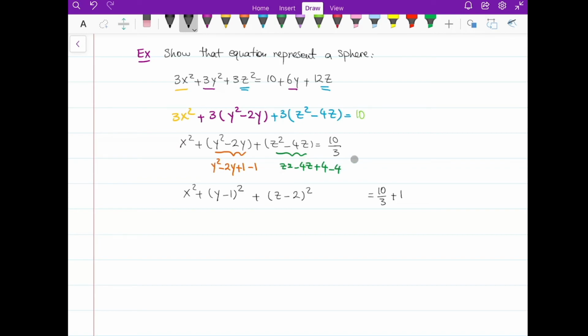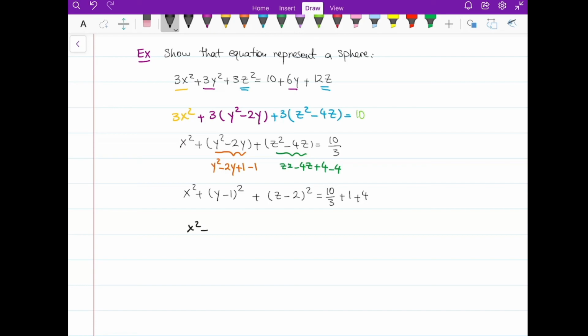I have a negative 4 that I'm going to bring on the other side, it would be plus 4. If I simplify this part, the common denominator would be 3. I have 10 plus 3 plus 12, which would be 25. So I get 25 over 3 on this part.